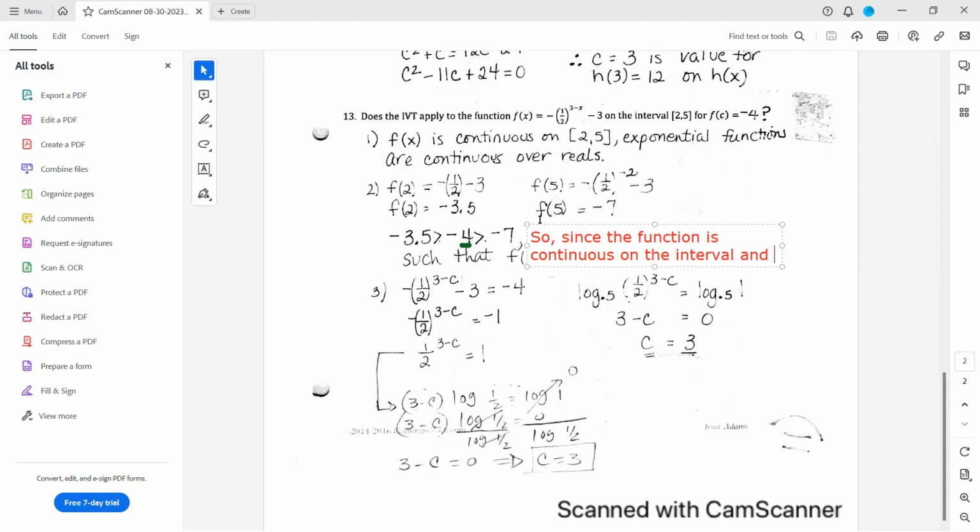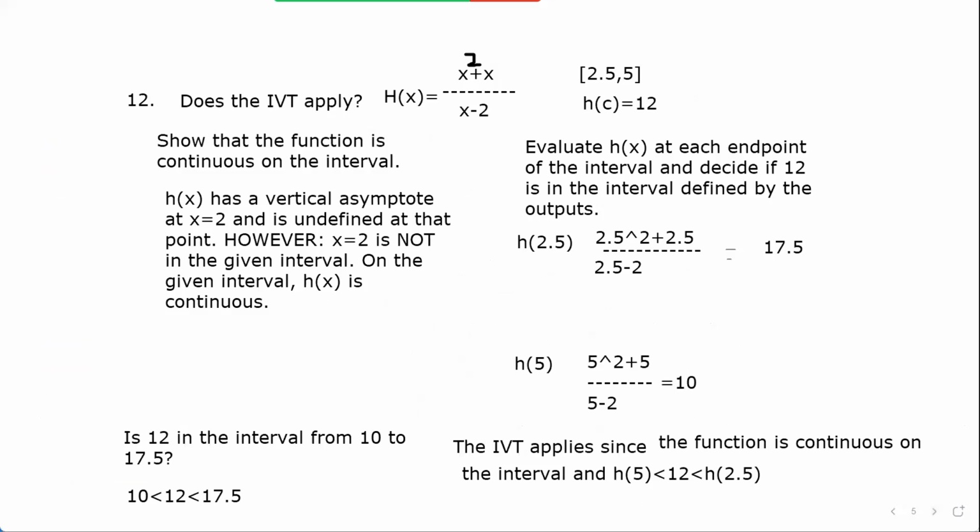So these numbers are fine, okay? But what I would do is I would write this. So if you look at the number line, let me show you this really quick so that it makes sense to you.